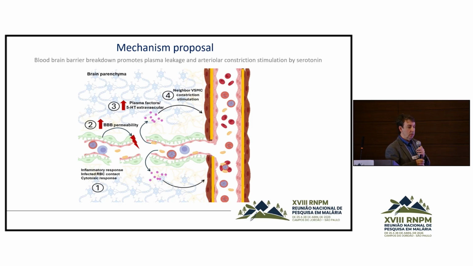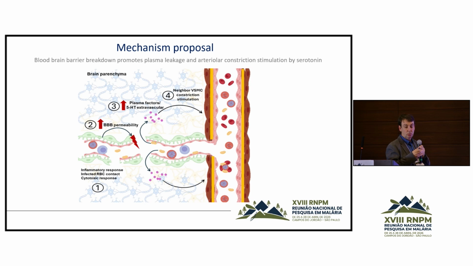So that means that in this cerebral malaria process where we can see this barrier being disrupted, the stimulation of plasma in the smooth muscle has no importance if you have a whole barrier.